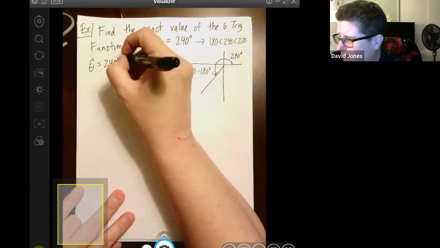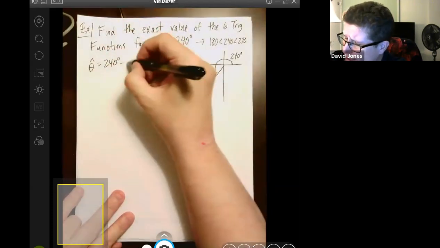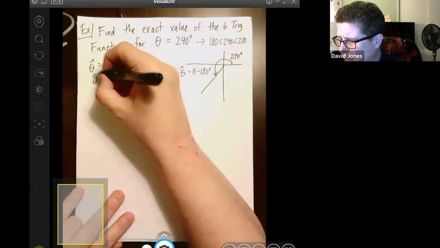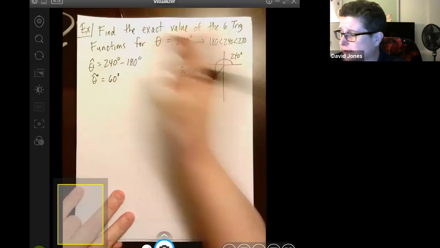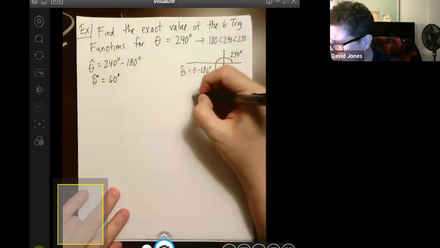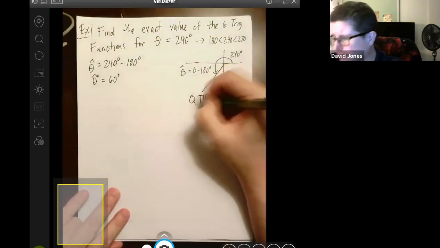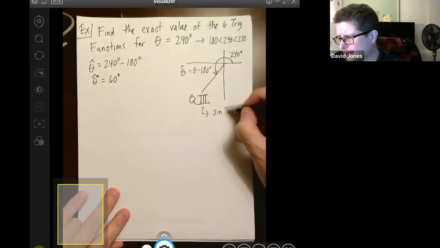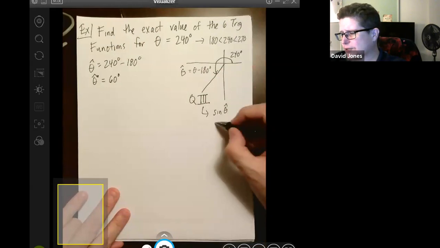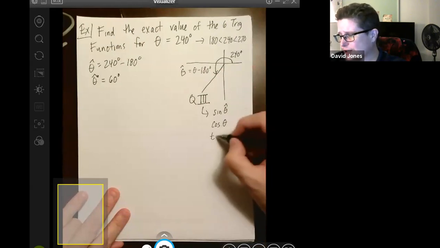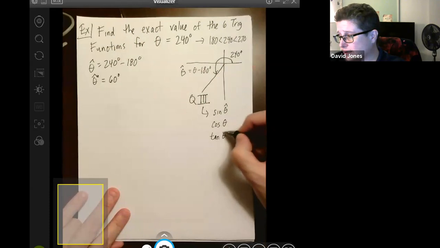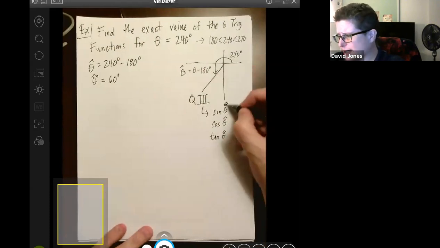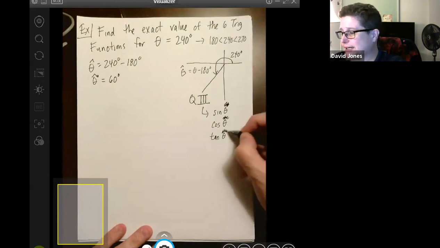Theta is 240. So 240 minus 180. Theta hat equals 60 degrees. We are in quadrant 3. What are the signs of sine theta hat, cosine theta hat, and tangent theta hat? Well, no, just sine of theta, cosine theta, tangent theta.